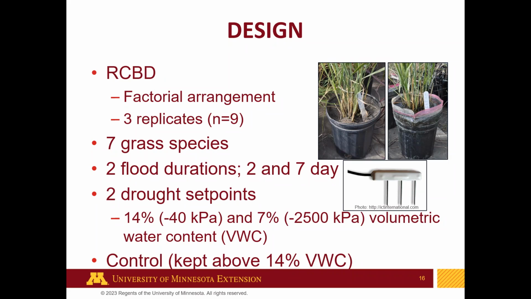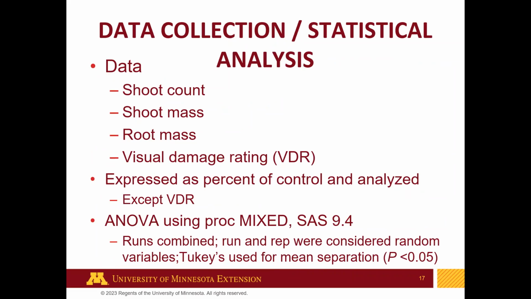Again, once that 7-day flood, 7% volumetric water content treatment went through 4 cycles, they were removed and our data collected. For the data that I'll be talking about today, we'll be looking at the living shoot count, shoot mass, root mass, and visual damage rating. All of the data, with the exception of our visual damage rating, is expressed as a % of the control and was analyzed.